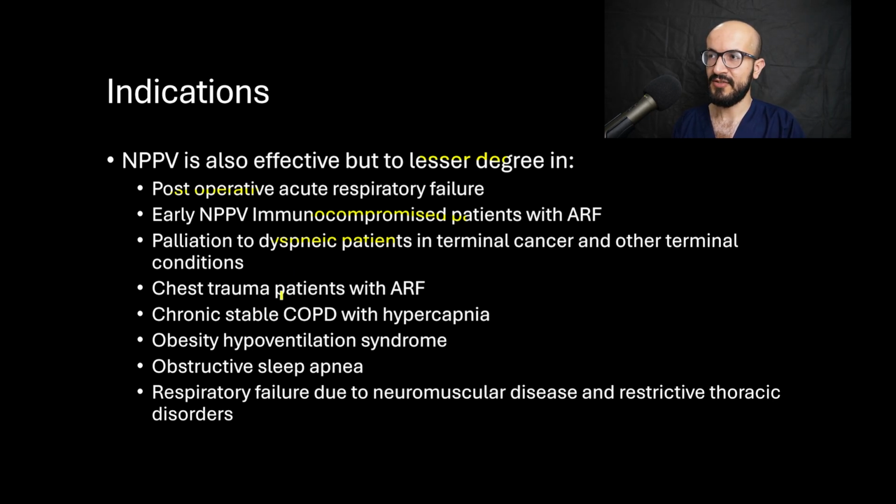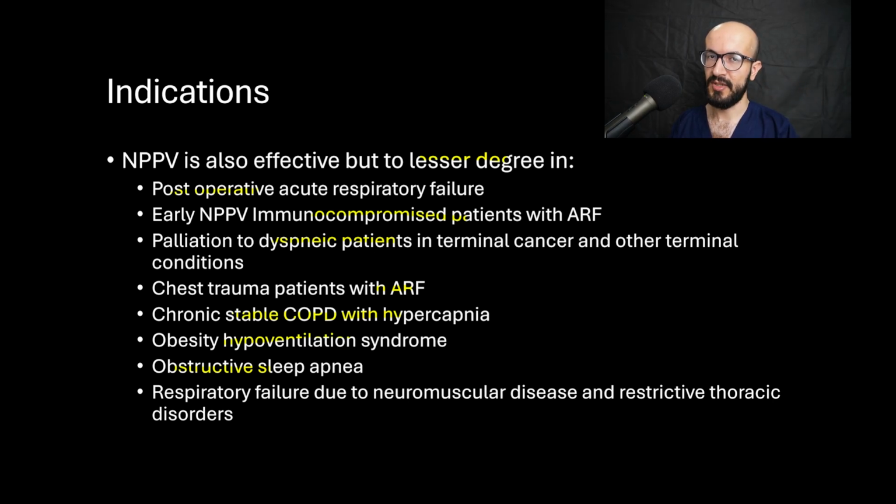And in patients with chest trauma with acute respiratory failure, and also in chronic obstructive pulmonary disease patients with hypercapnia, in obesity hypoventilation syndrome, and in obstructive sleep apnea, because remember, in obstructive sleep apnea there are soft tissues blocking the airway, so when there's positive pressure coming from outside, this would help open the airway through these soft tissues.